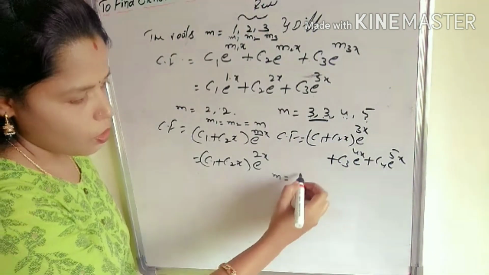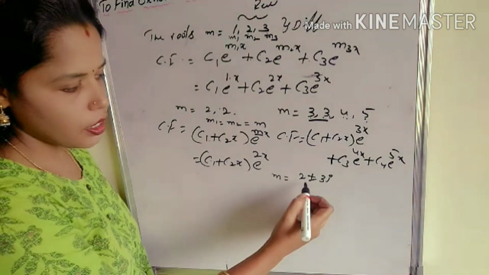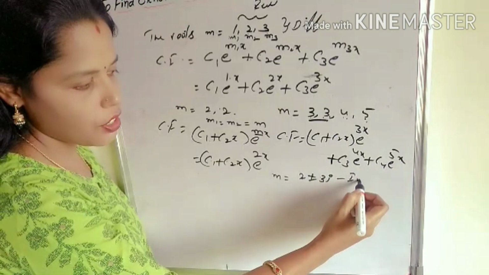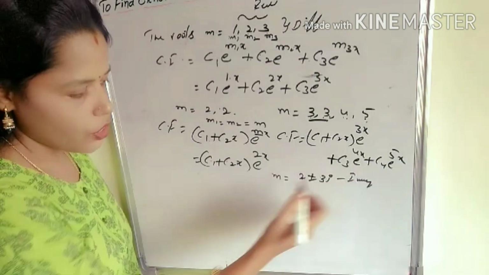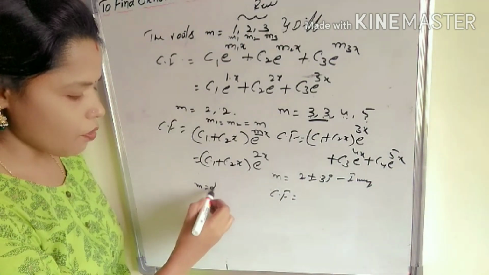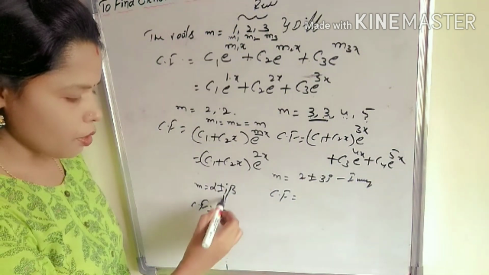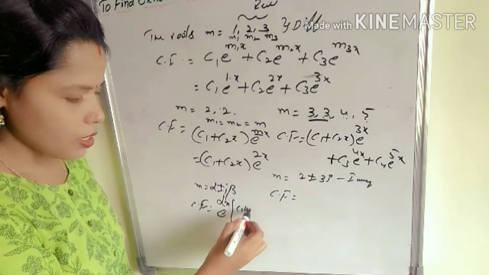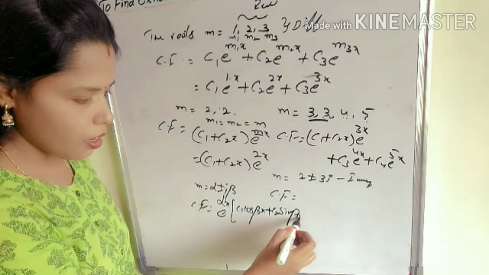Suppose the roots m is equal to 2 plus or minus 3i. What are the roots here? These are complex or conjugate numbers, real and imaginary. Then what is the complementary function? If the roots m is equal to alpha plus or minus i beta, then the complementary function is e to the power of alpha x into c1 cos beta x plus c2 sin beta x.